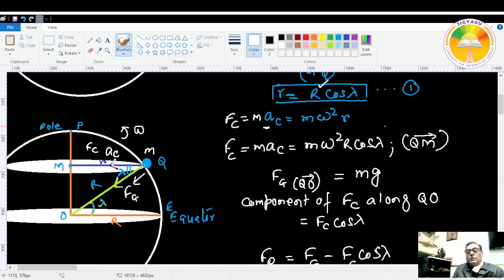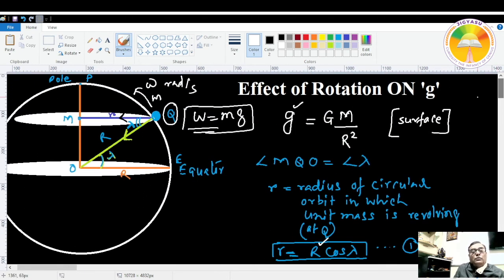Component of centripetal force, R is replaced by R cos lambda here, and the gravitational force on the object is given by mg. The component of Fc along QO, this is QO, along this direction, the component of this Fc is needed.